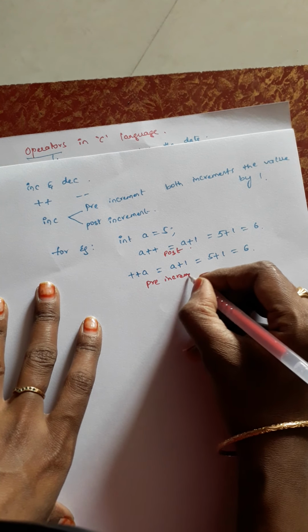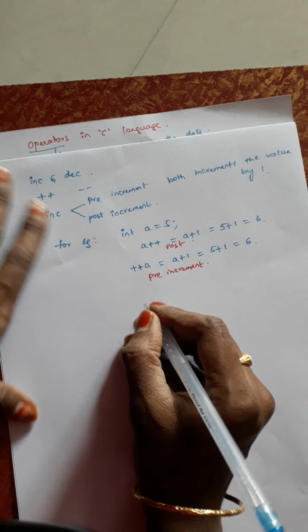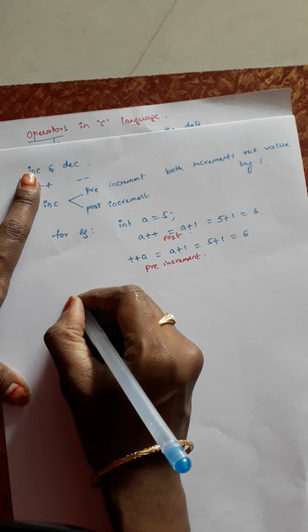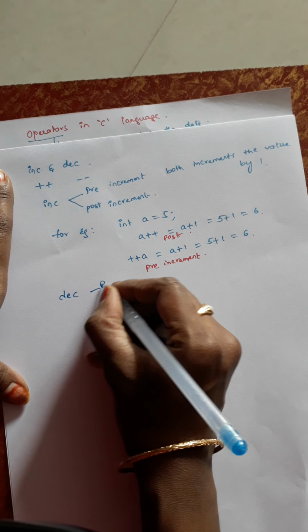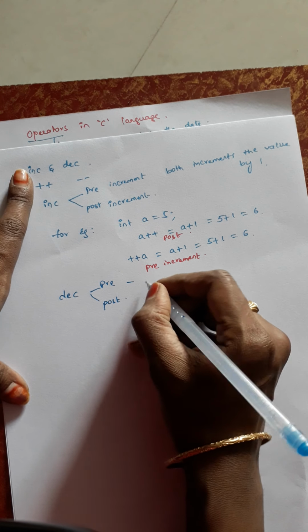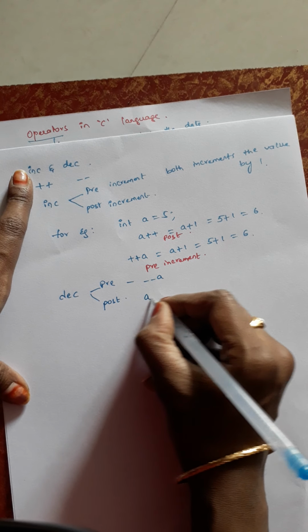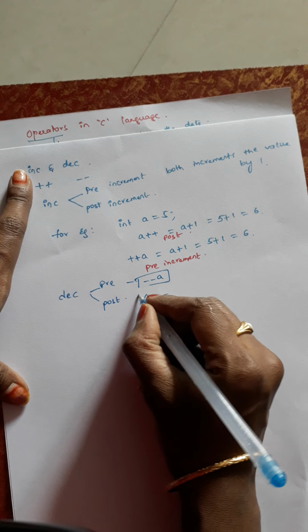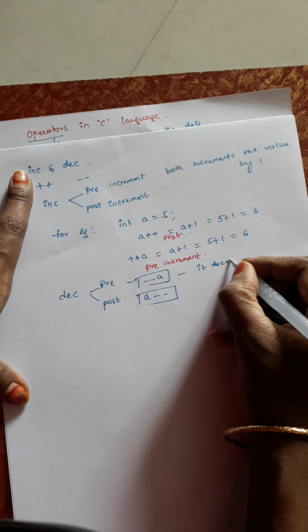Either post-increment or pre-increment, it adds the value by 1. But there is a difference when we assign this value to another variable. In the same manner, decrement: pre-decrement and post-decrement. Minus minus a, a minus minus. Okay, it decrements by 1.